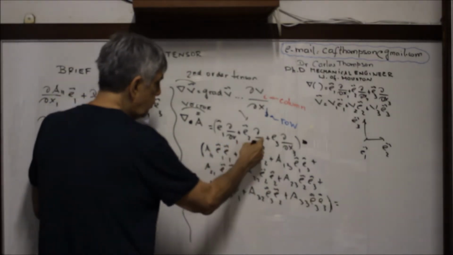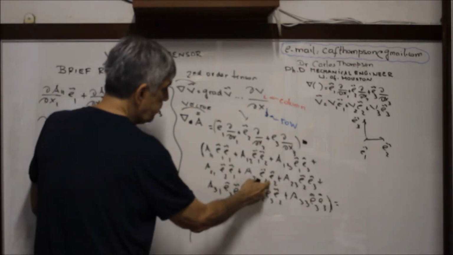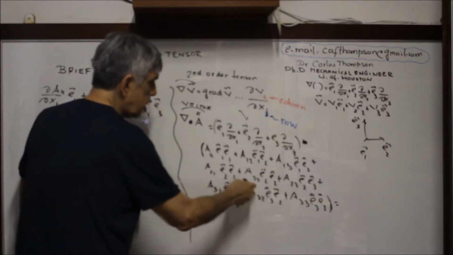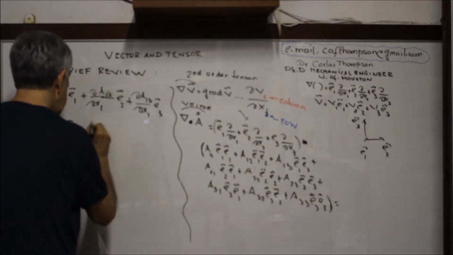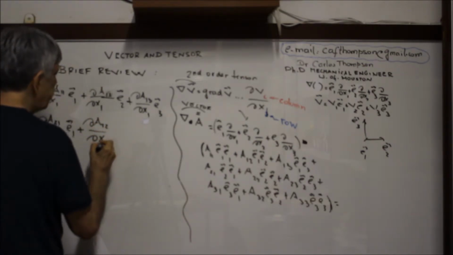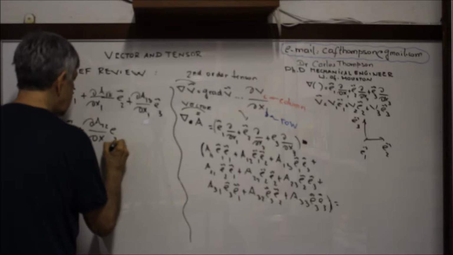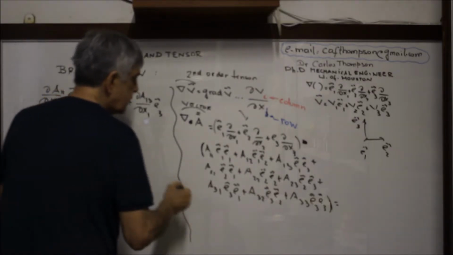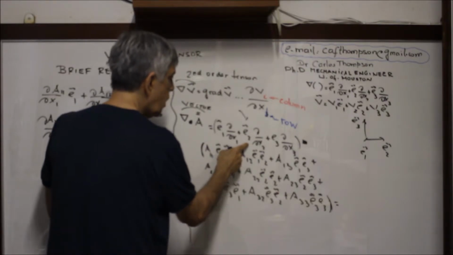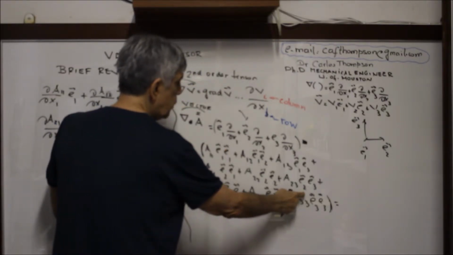Now, E2 dot E2 will be 1. So partial of A22 with respect to X2, E2. Plus, now, E2 dot E2 over here will be 1.